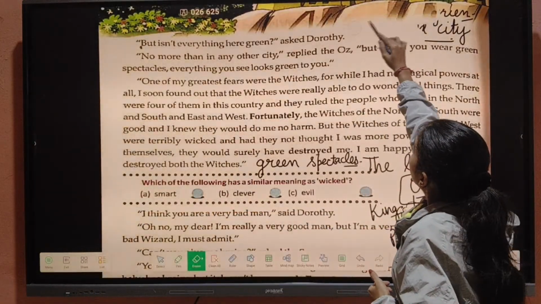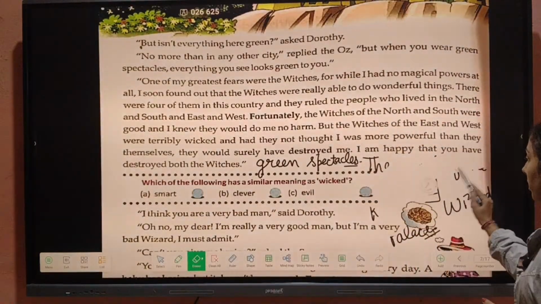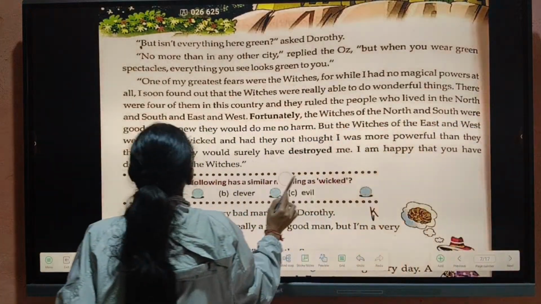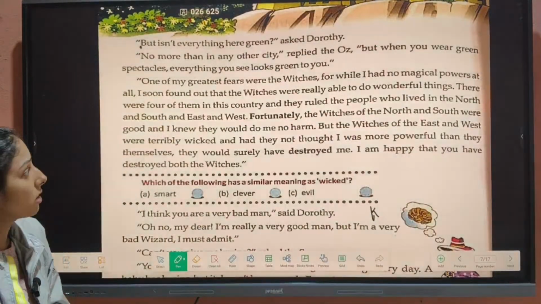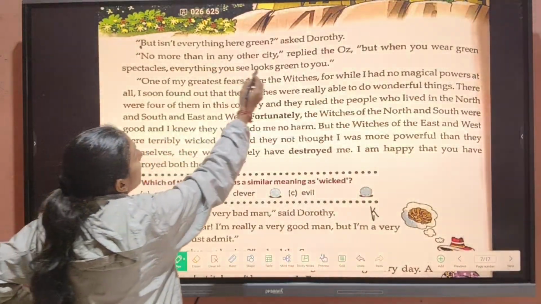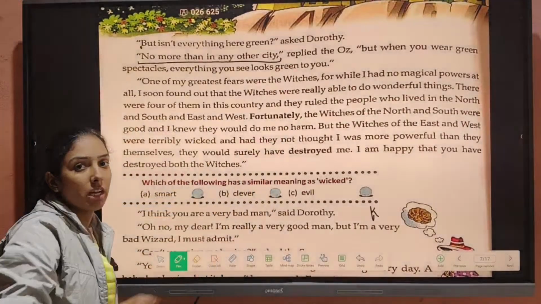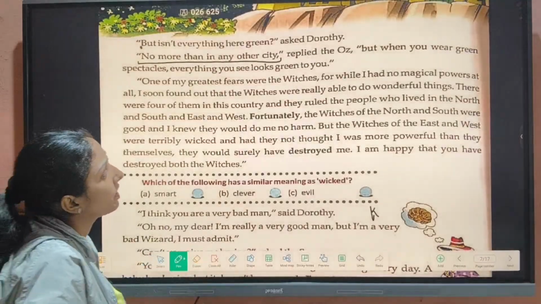"But isn't everything here green?" asked Dorothy. Now Dorothy is asking that everything in your city is green. "No more than in any other city." No more than in any other city means that it is almost similar to other cities, nothing special in it.